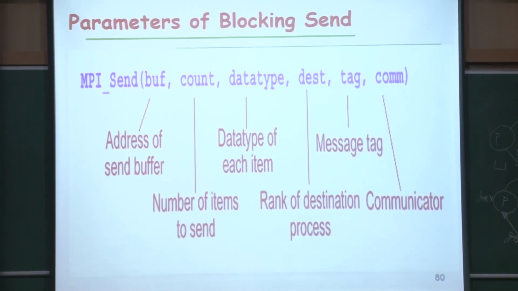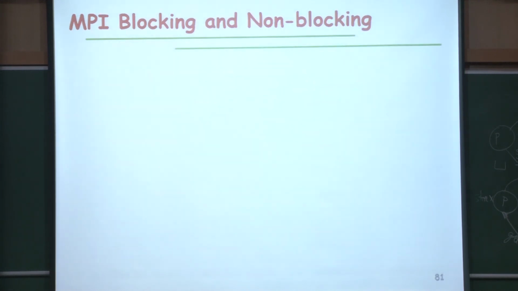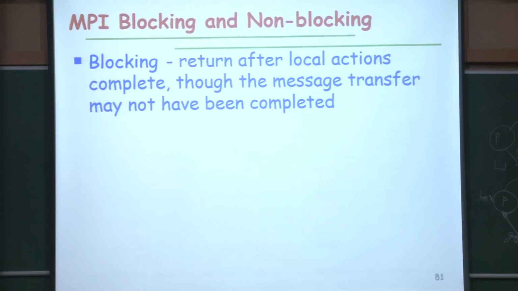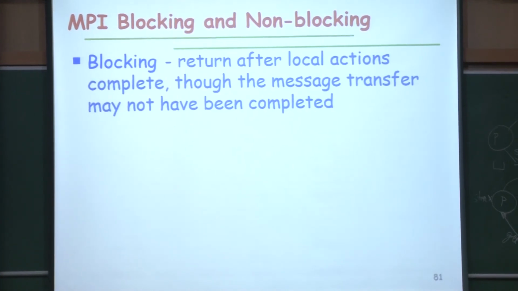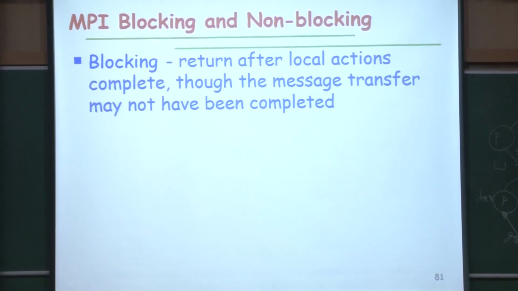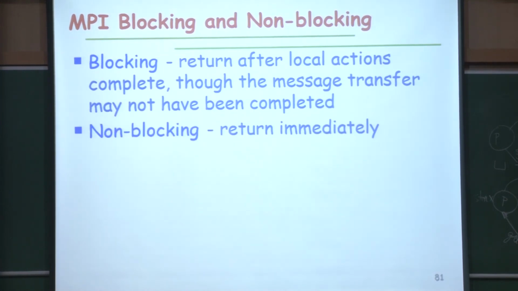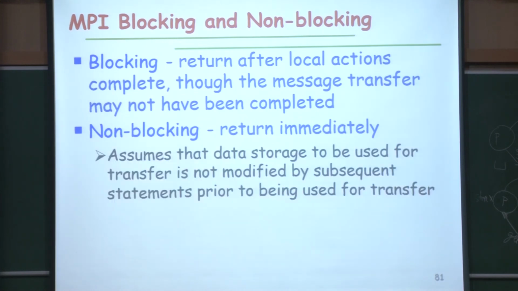Okay. For now we can just put some value for this and be done with it. Okay. So, as I mentioned earlier, blocking and non-blocking. Blocking means that as soon as you complete some local action, you can come out. Non-blocking is that you can actually return immediately without even completing that. Okay.